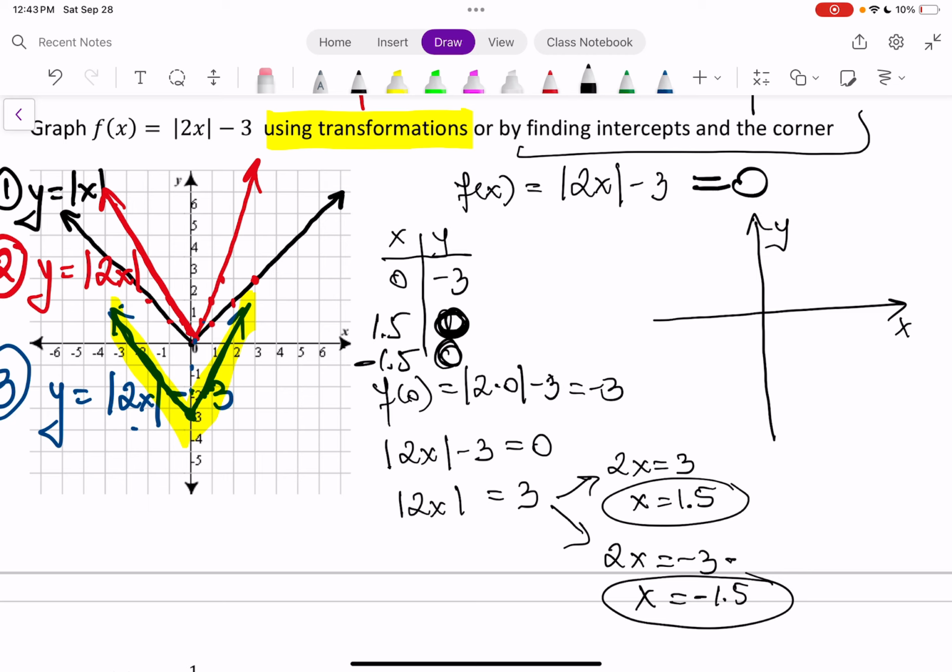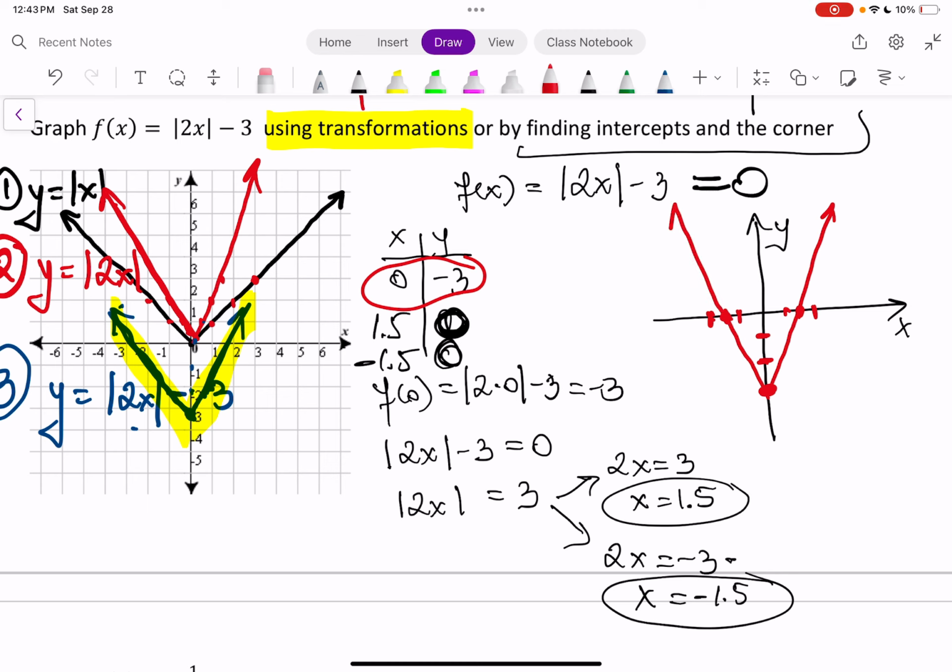I don't want to graph on the same coordinate system. I'd like to start over again with these points. So one of them is 0, negative 3. The other two are 1.5 and 0 and negative 1.5 and 0. So does that look exactly nicely symmetrical?